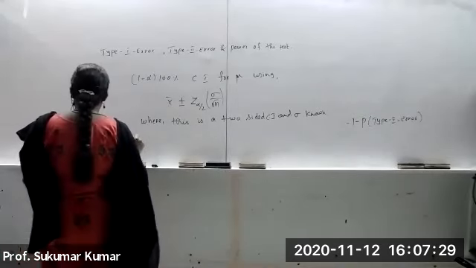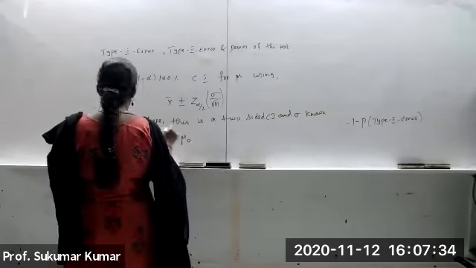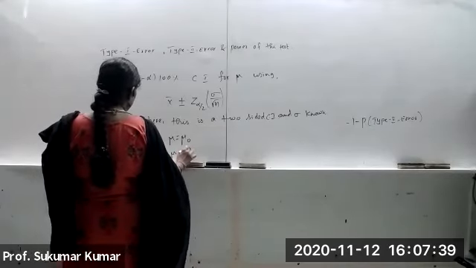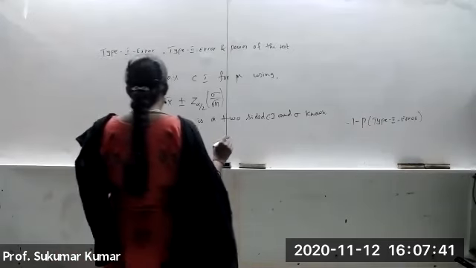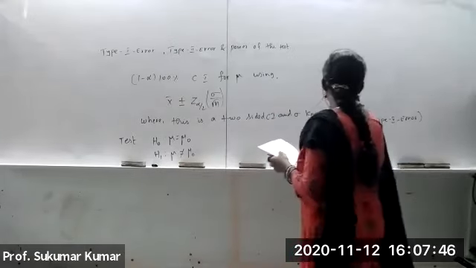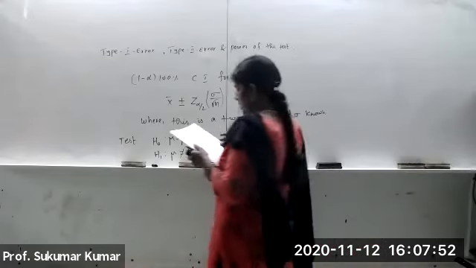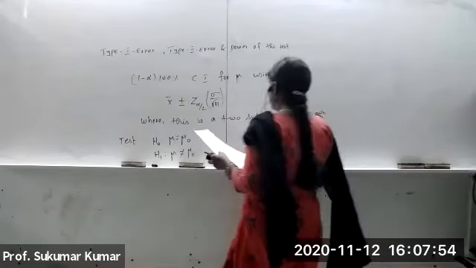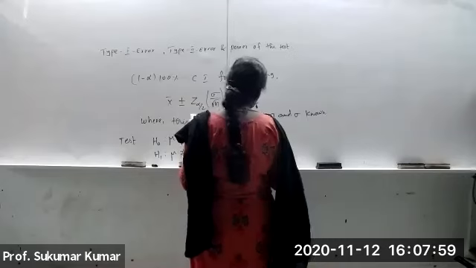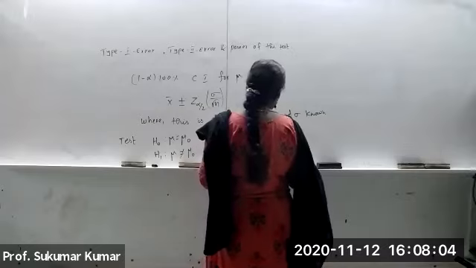Now test H naught: mu equal to mu naught against H1: mu is not equal to mu naught, with a significance level alpha and the test statistic z equal to x bar minus mu naught divided by sigma by root n.